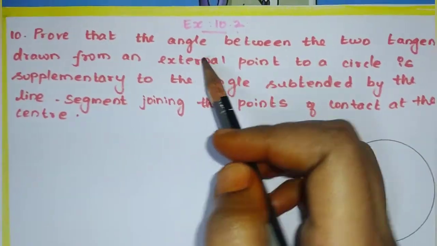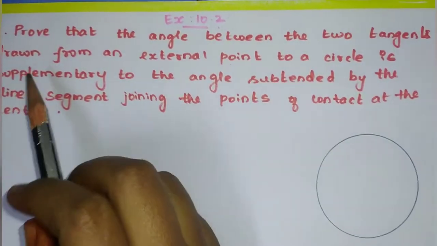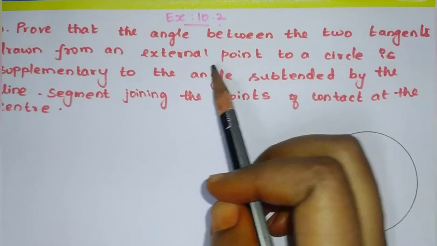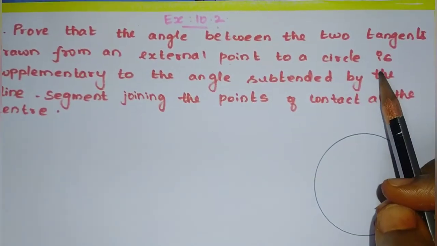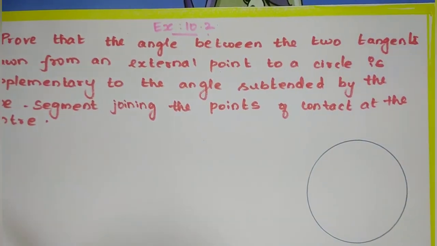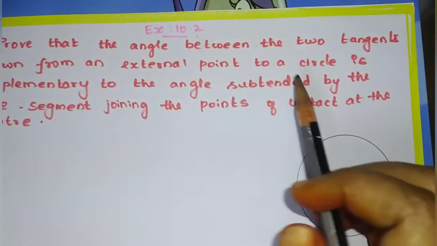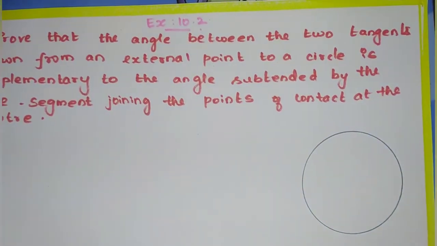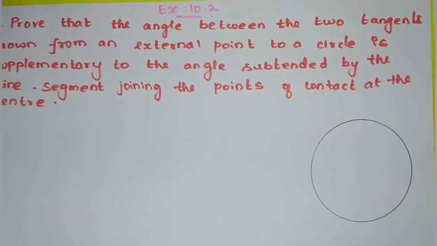Prove that the angle between the two tangents drawn from an external point to a circle is supplementary. What is given, children? The angle between the two tangents drawn from the external point.